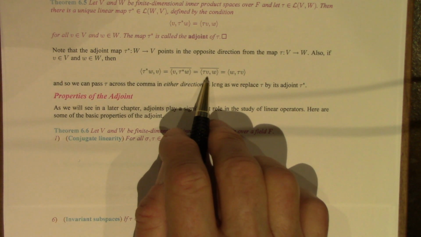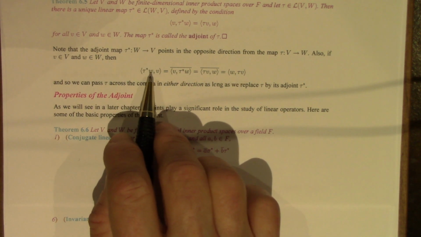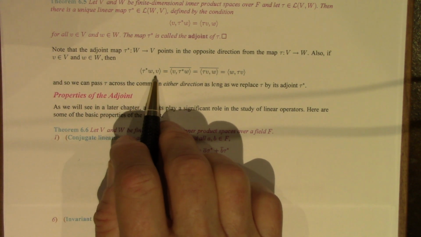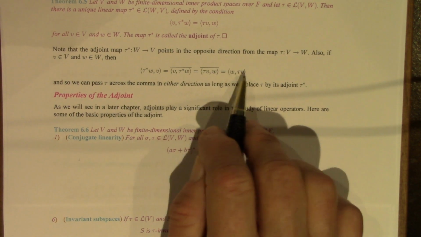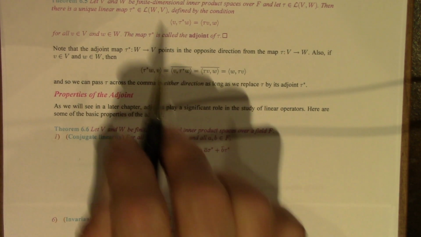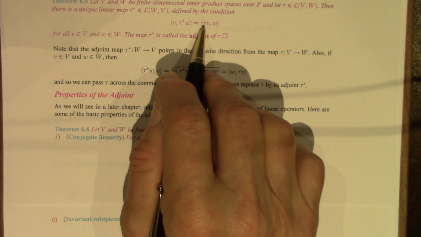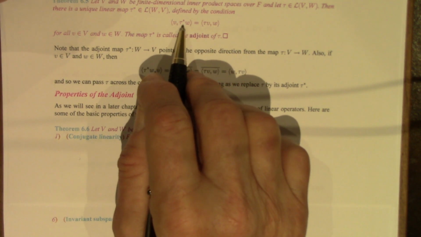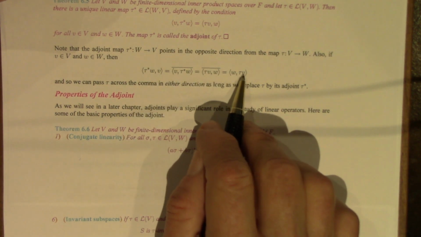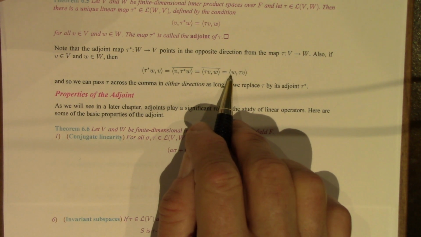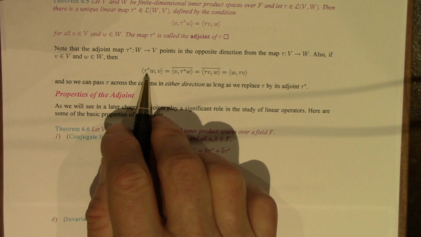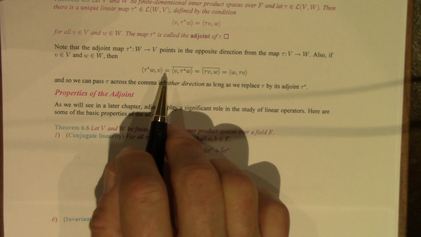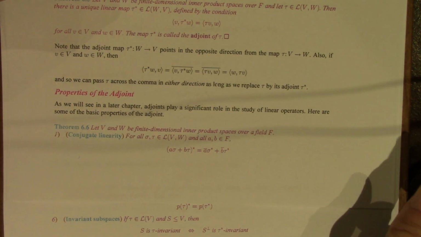And then I can use conjugate symmetry again to get this. So this formula says you can move tau star across the comma, or maybe it's better to say it this way. This tells you that you can move tau from the first component to the second component, you turn it into tau star. This tells you you can move tau from the second component to the first component, and again it becomes tau star. So you can move tau in either direction across the comma if you replace it by tau star.